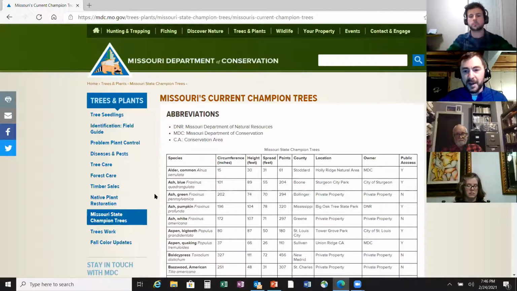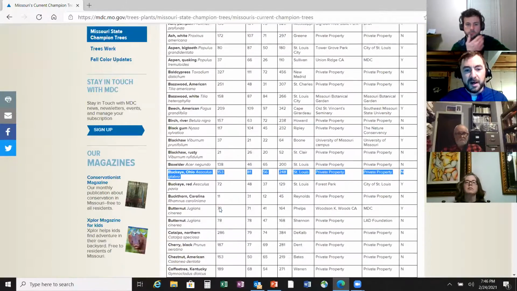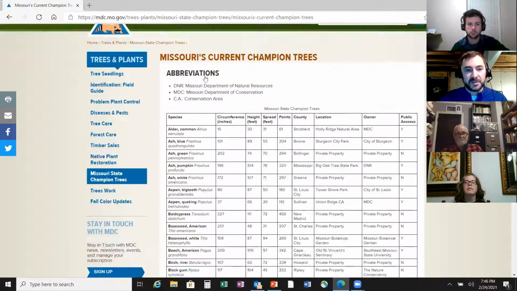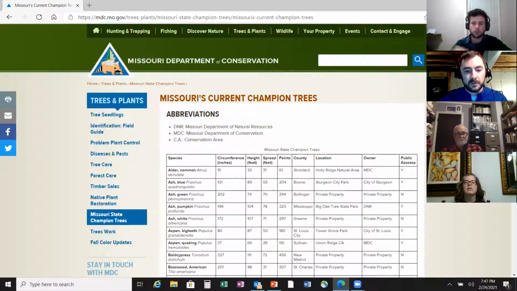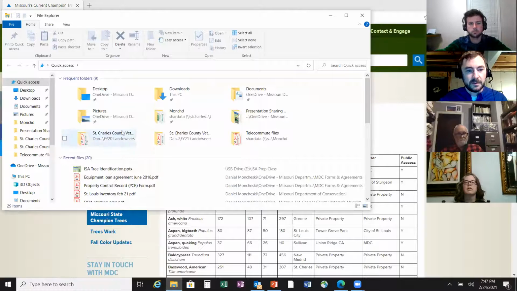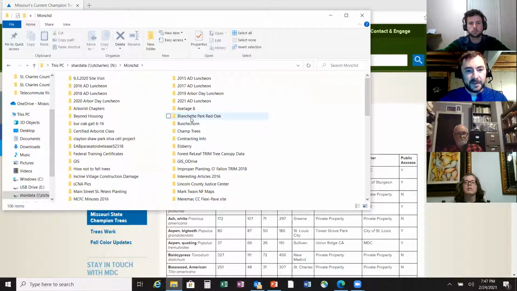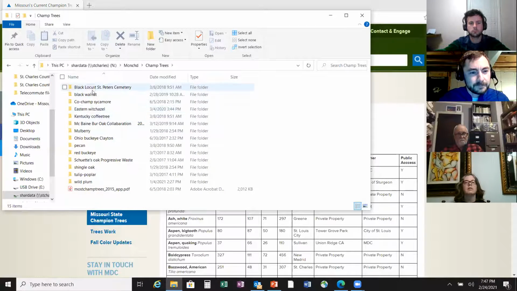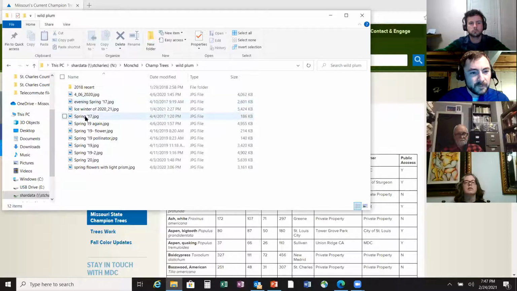So it's fun, and also on that note, you never know what tree you plant or what tree comes out of a forest relief or anywhere might become a state champion, because the state champion plum, which I'll just show you. Let's see. Because it'd be a good ID type conversation. What's a good one?